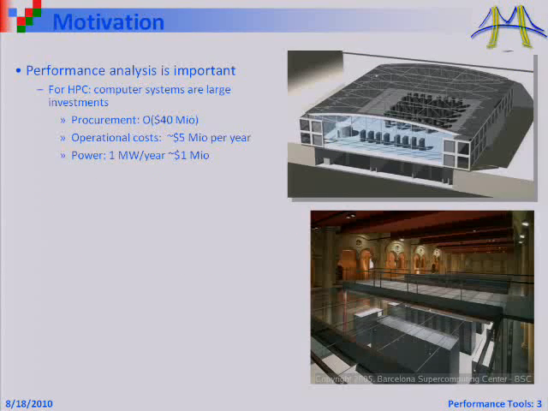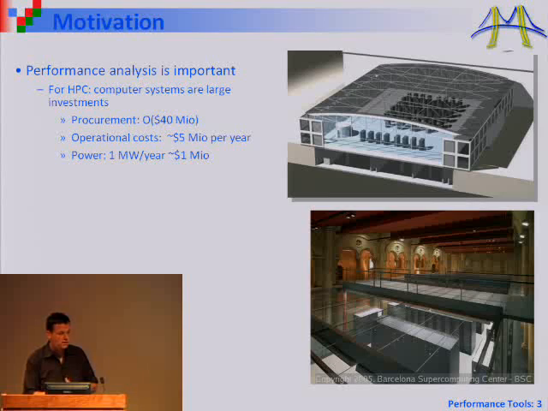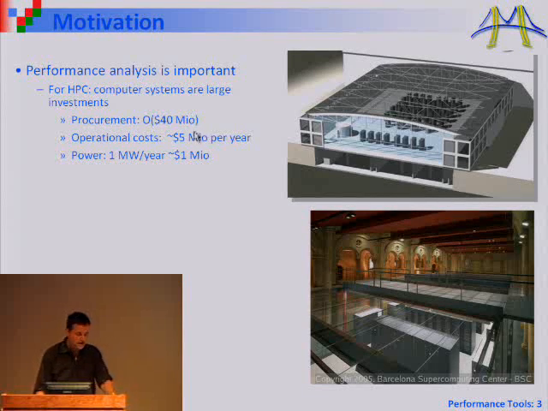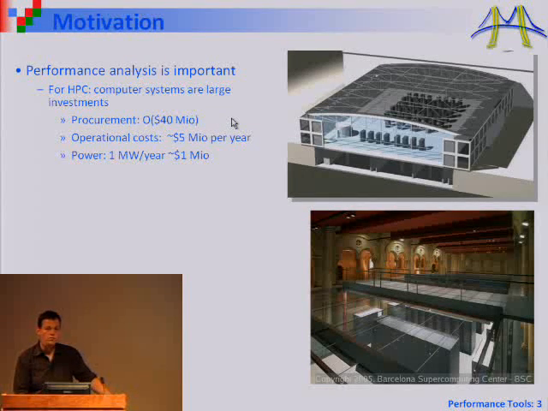All right, let's have a look at motivation. Performance analysis in high-performance computing is important because these HPC centers are actually pretty large investments. If you consider procurement costs, which are in the range of about $40 million US, and then in addition to that, you have operating costs of maybe about $5 million per year.